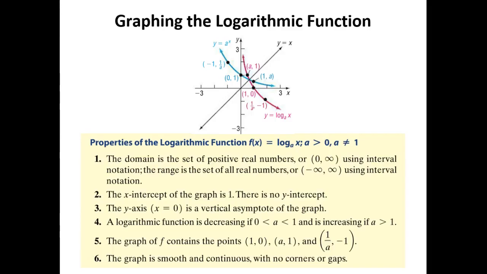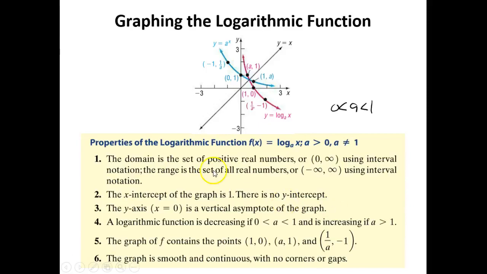Graphing the logarithmic function, looking at some properties here. When you're looking at this particular graph, this is when a is between 0 and 1. So the base here is between 0 and 1.